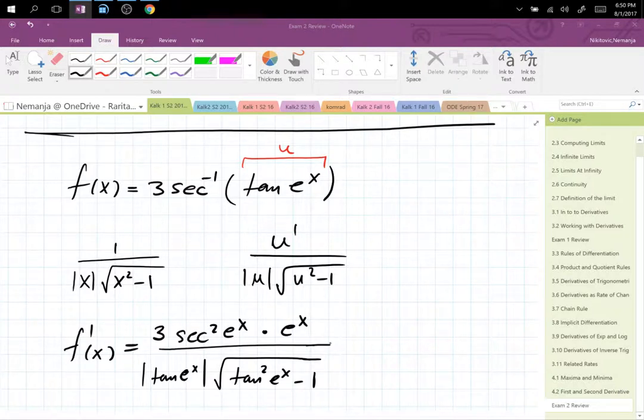Yeah, because that's what the formula says. This is u, so copy it in, right? You copy it in and square it.